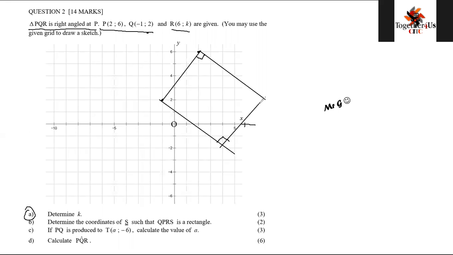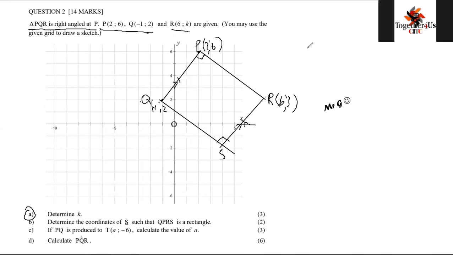So if I look for the gradient of this line here, this is S, right? And this is now R, which we now know is (6; 3), okay? And we know Q here is (-1; 2). Let's put up all the information that we know about rectangles here. We know that opposite sides are equal and also parallel.